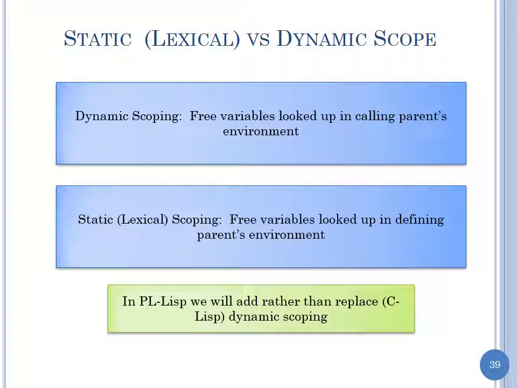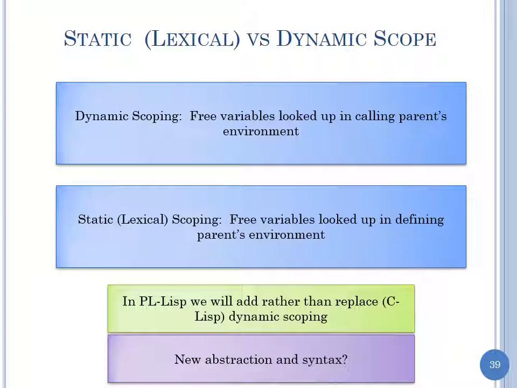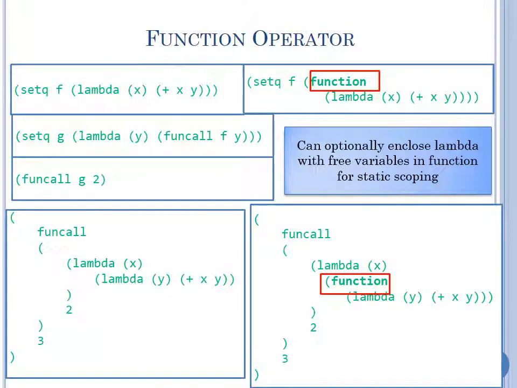Okay? And we need a new abstraction and we need syntax for it. So this is what we will do. We'll enclose a lambda expression within a function expression. A function expression has the first keyword as function, not funcall, and the second argument is the lambda expression, and that's just telling it, hey, associate your lambda with the current environment.